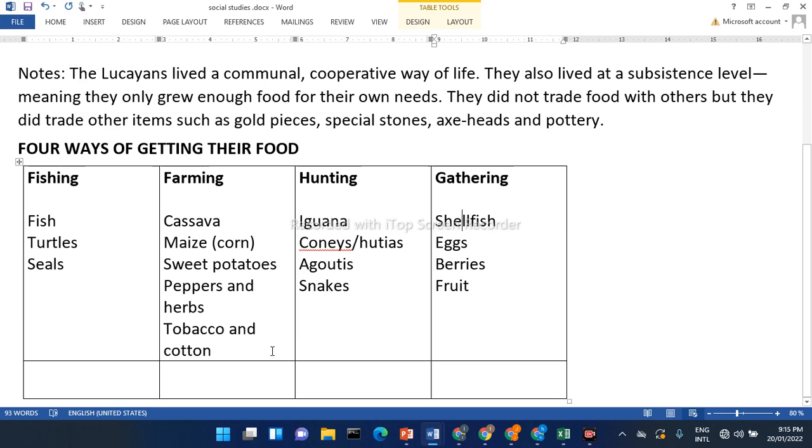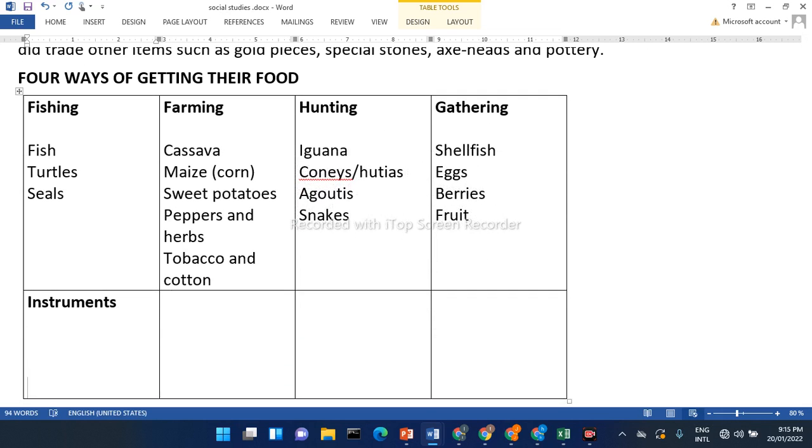Now, how would they do this? What are the instruments that they would use for gathering these or getting these things or performing these tasks? So for fishing, right, they would use nets.